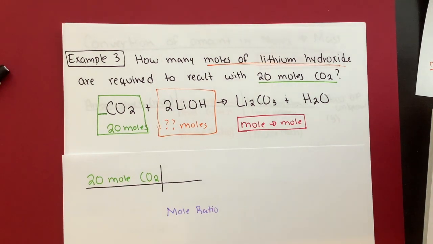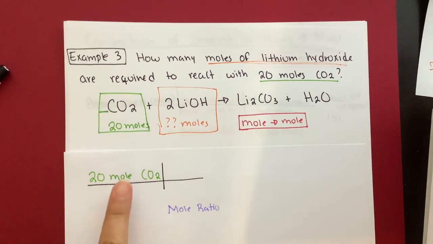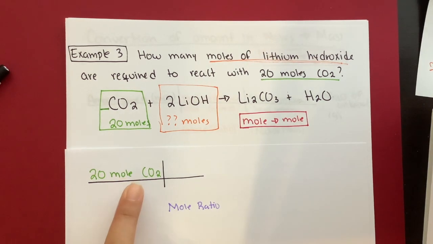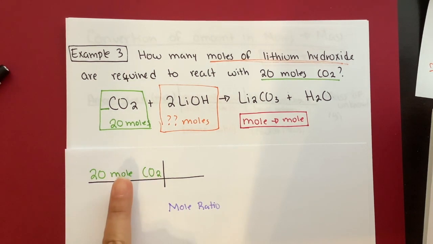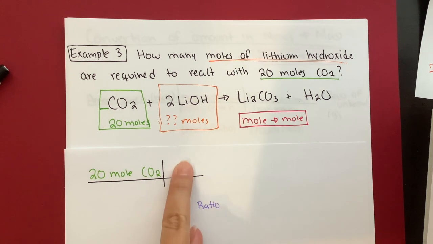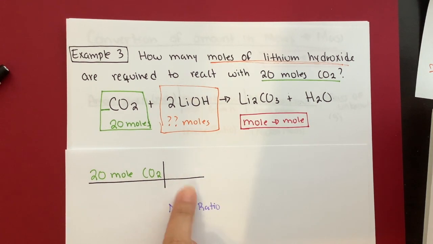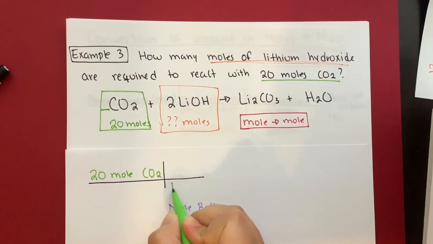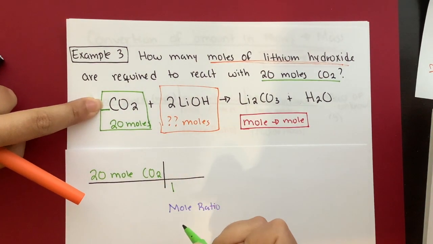Our next question is, who goes on the top and who goes on the bottom in this mole ratio? We're going to look at the unit and the compound that we started talking about, so that was given to us. Moles of carbon dioxide, we have it here in the top. That means that in this ratio, we want to write moles of carbon dioxide in the bottom. So in the bottom, we're going to write 1 because there's a coefficient of 1 here.